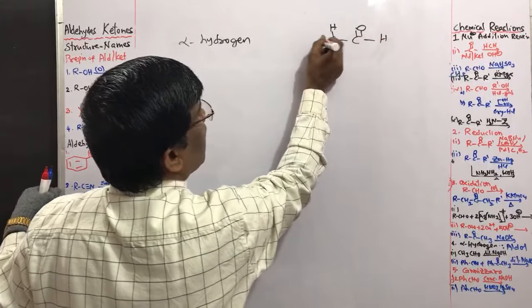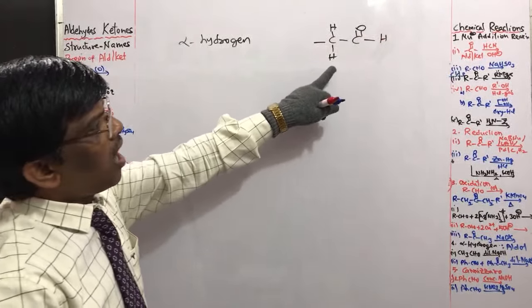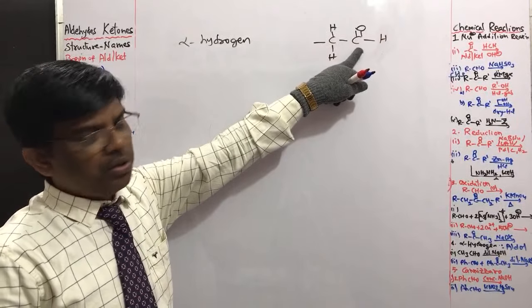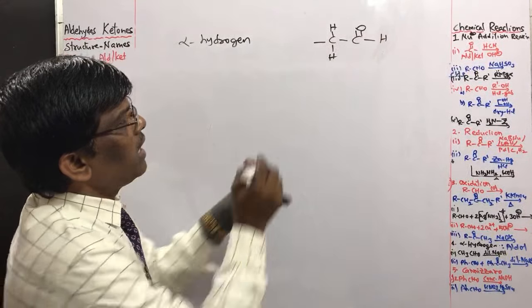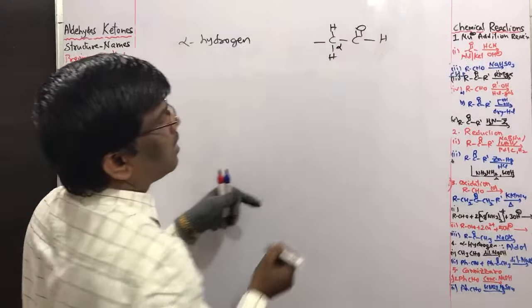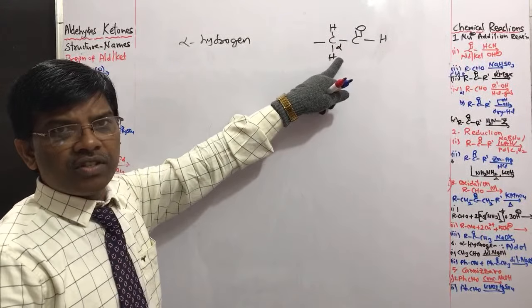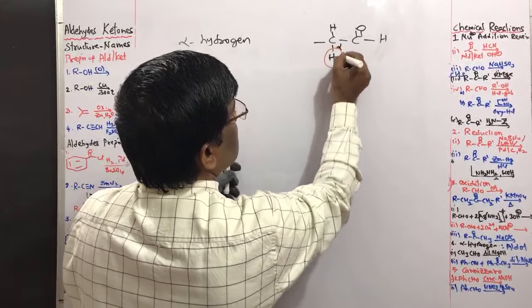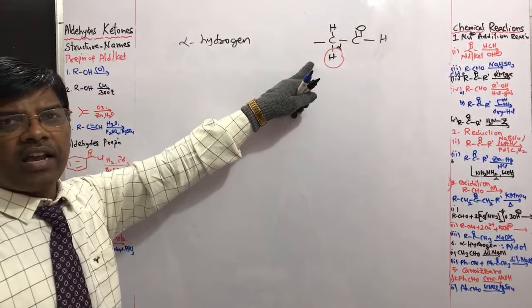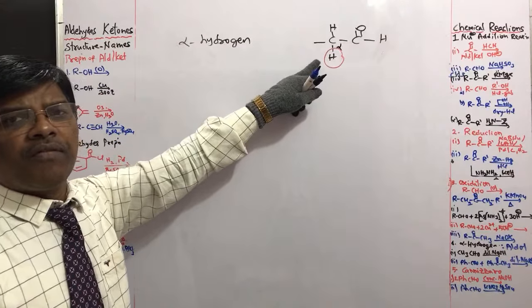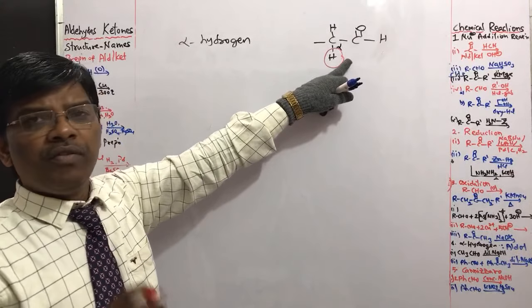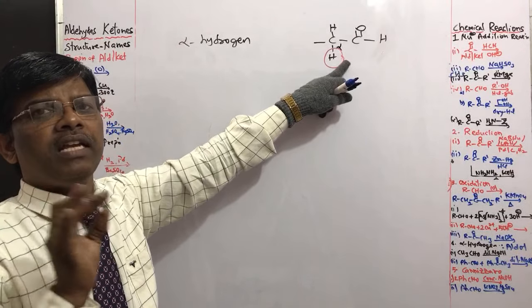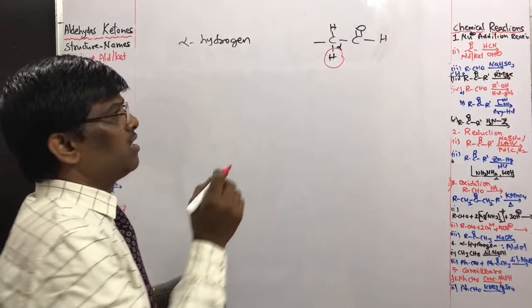This is an aldehyde having alpha hydrogen. The carbon attached to the carbonyl carbon is the alpha carbon, and the hydrogens attached to the alpha carbon are alpha hydrogens. Based on these alpha hydrogens, there are n number of reactions in organic chemistry, but we are going to learn a few of them, that is, the aldol and Cannizzaro reactions.